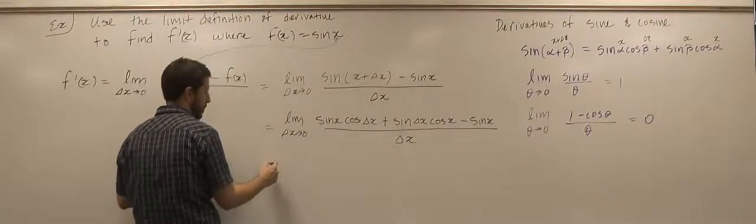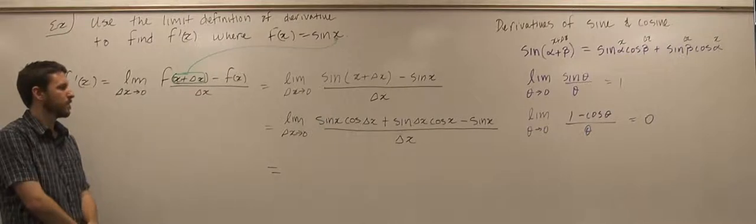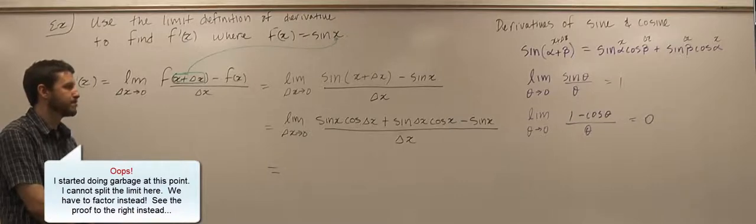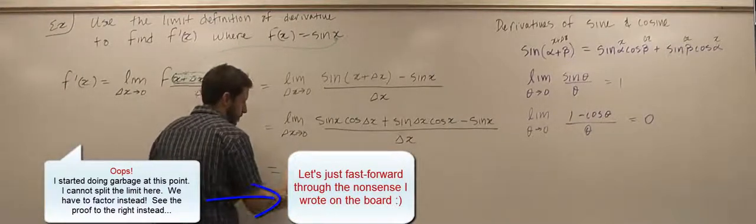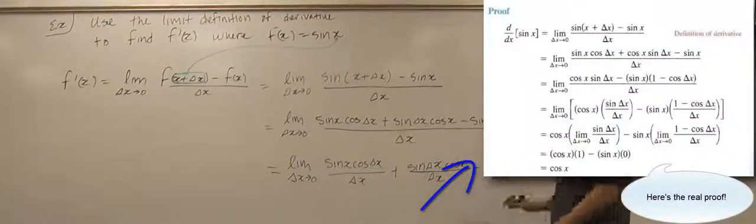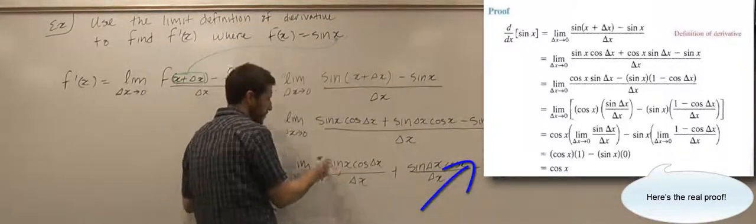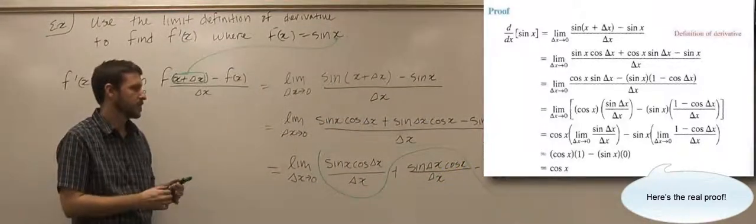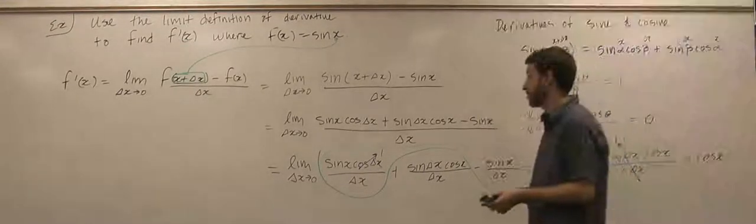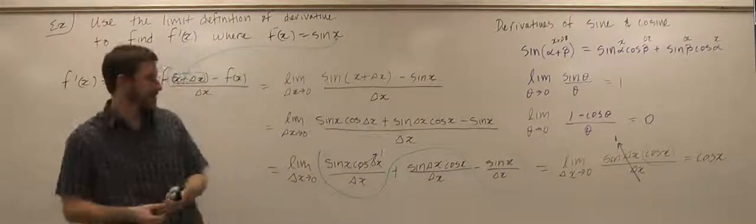So let me split this up where I can: sine x minus sine x, and then you have sine delta x cosine x over delta x. The derivative of sine is cosine.